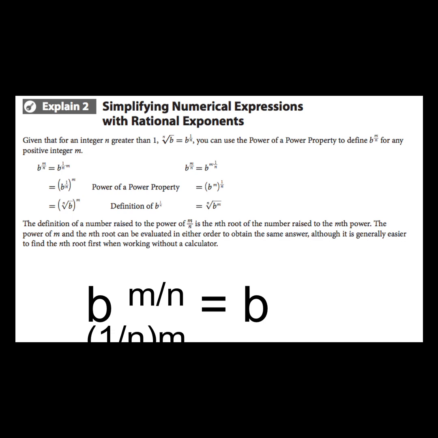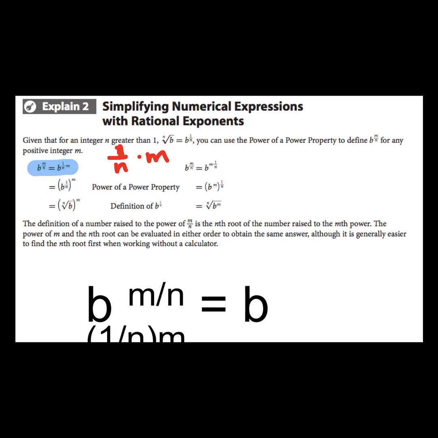We worked with rational exponents a little bit in the last set of examples in the last lesson. So let's continue to apply the power. Here is another way to look at it. b to the m over n is b to the 1 over n times m. So we can rewrite that power separately as 1 over n times m, and that will allow us to take the root.